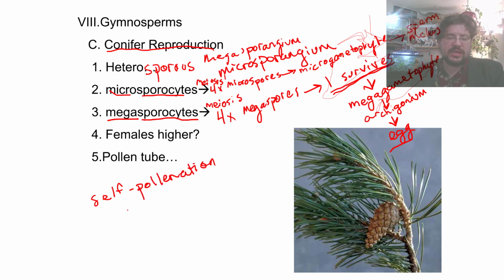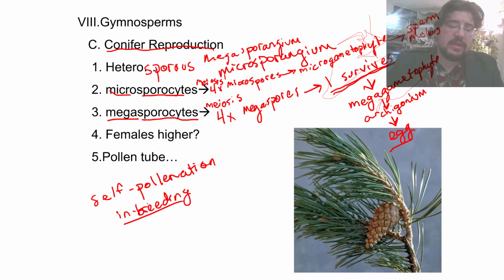Self-pollination is the plant version of inbreeding. This is not good. Inbreeding can lead to an accumulation of recessive alleles that can produce lethal diseases. So, we have to have mechanisms to defend against inbreeding.